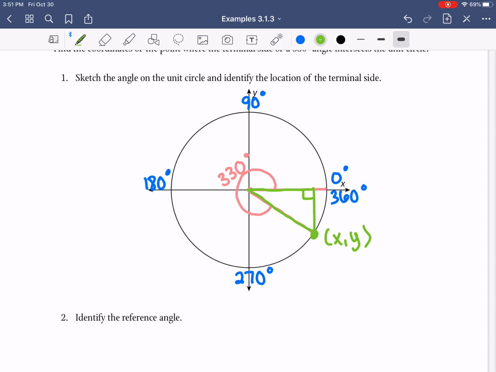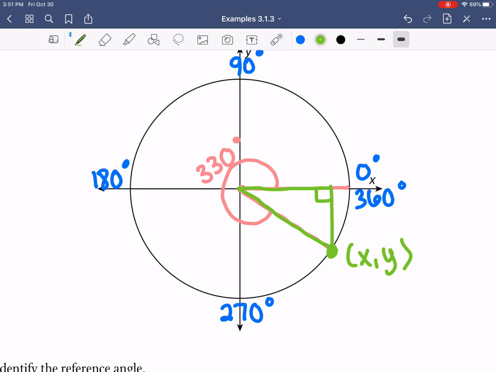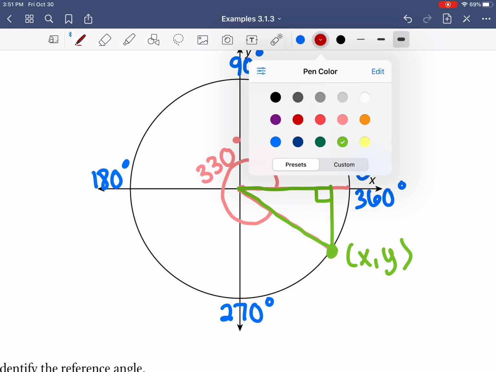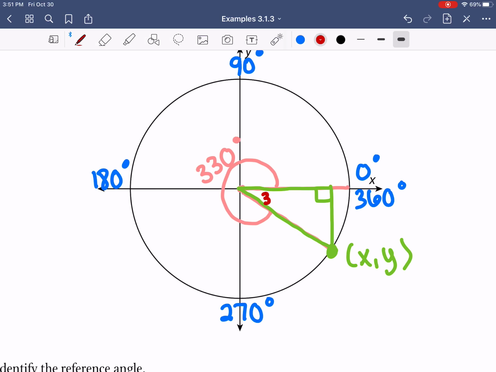Since this is a 330-degree angle, the reference triangle that we're going to use is the 30, 60, 90 right triangle. The reason why is because if you add 330 plus 30, this would give you a full circle of 360. So if this angle right here is 30, and this angle is 90, that means this angle has to be 60.